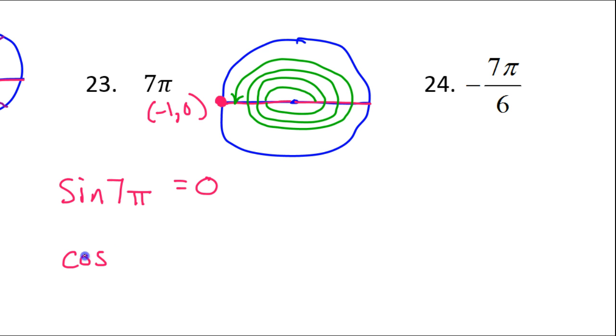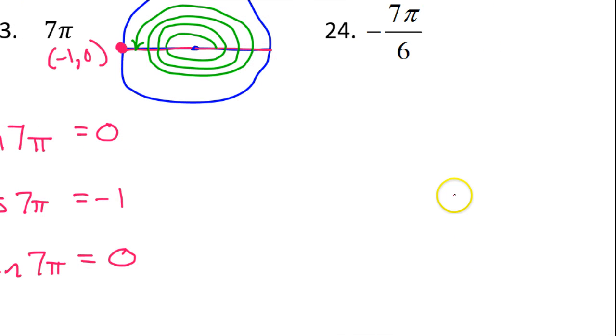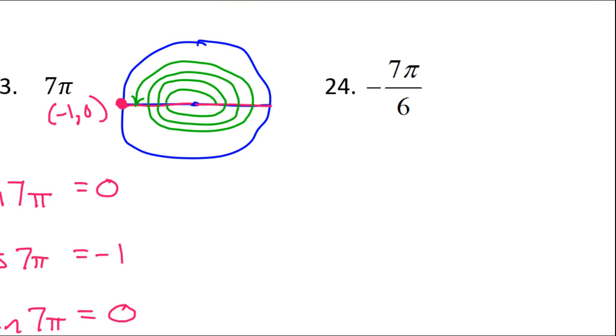When I do the cosine of 7 pi, cosine is the x value. So that's going to be negative 1. When I do the tangent of 7 pi, tangent is sine over cosine. 0 divided by negative 1 is 0. Alright, so I think this is the last problem, number 24.